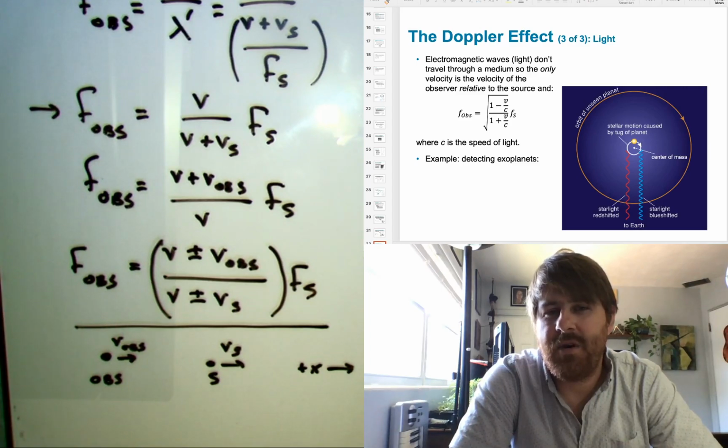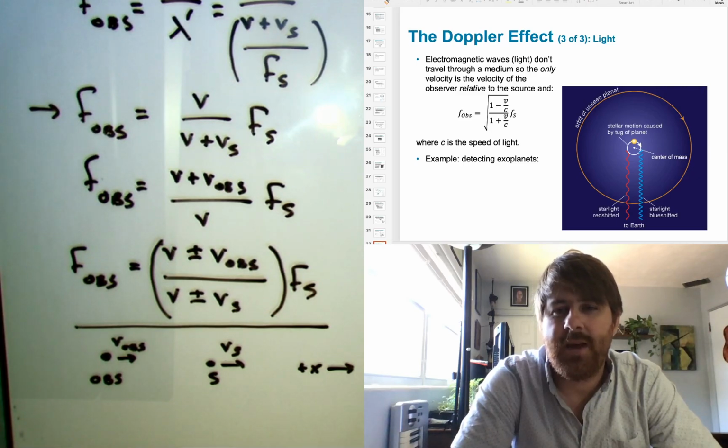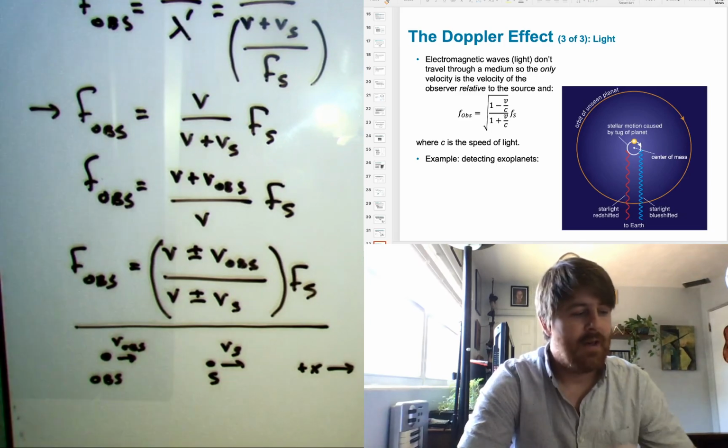Because of that, there is no still air, as in the case of sound, that is a reference point for the velocity of both the listener and the source. In that case, we only have one velocity. It's the relative velocity between the source and the observer, right?